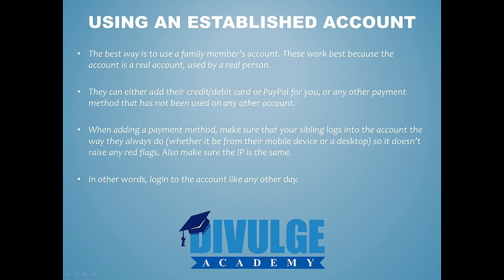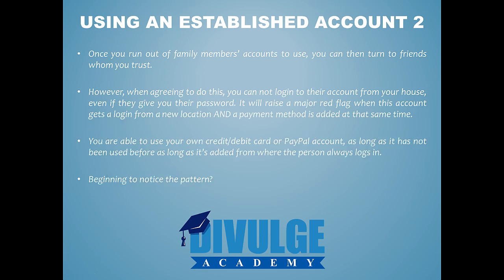Also, make sure they log in at home or they log in using the IP that they use to always log in. In other words, log into the account like you would any other day normally.